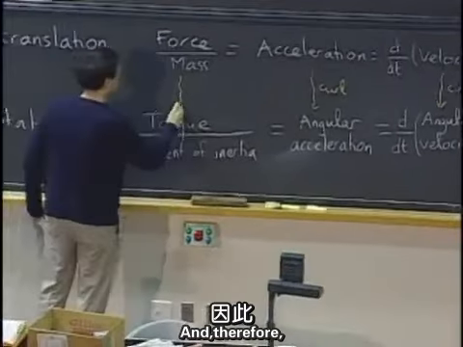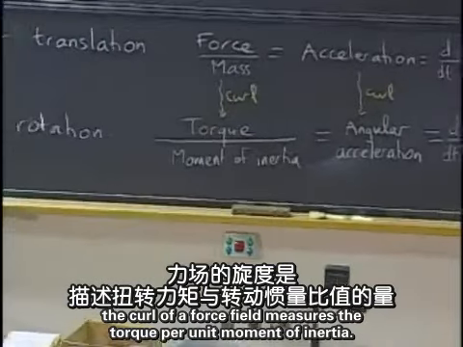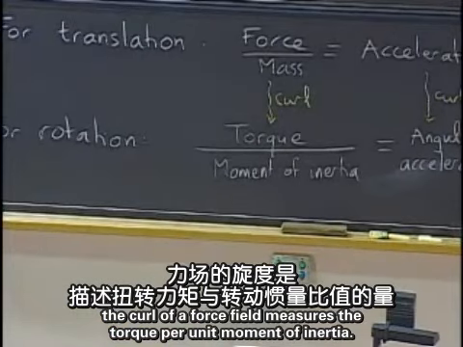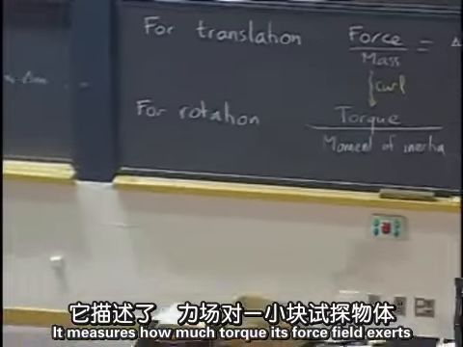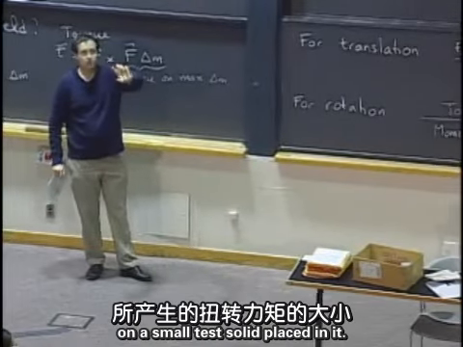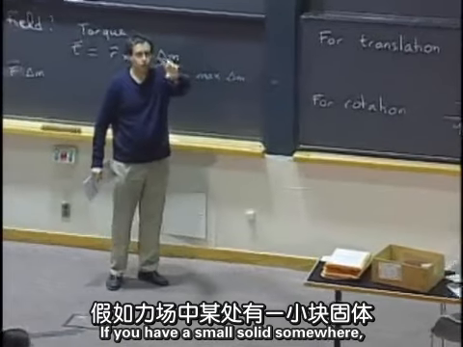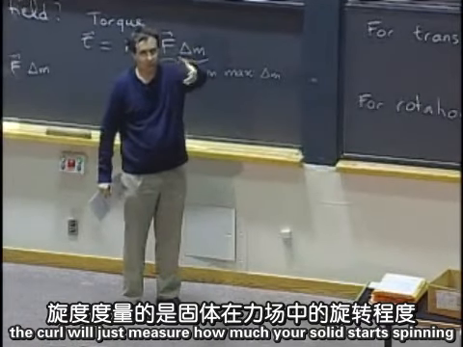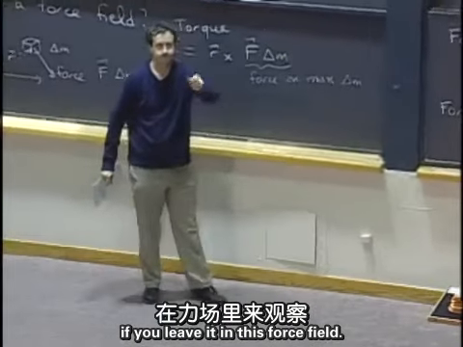And therefore, the curl of a force field measures the torque per unit moment of inertia. So it measures how much torque this force field exerts on a small test solid placed in it. If you have a small solid somewhere, the curl will just measure how much your solid starts spinning if you leave it in this force field.